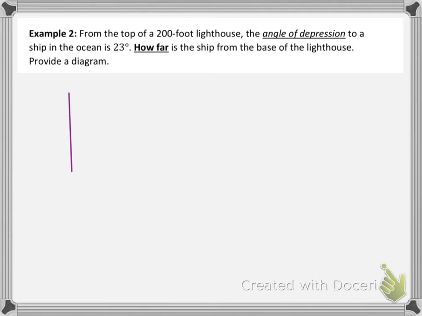And so again, I am going to draw a right triangle. I'm going to label our squared side to depict the 90. And let's see. The first thing is they're telling us that this lighthouse is 200 feet.